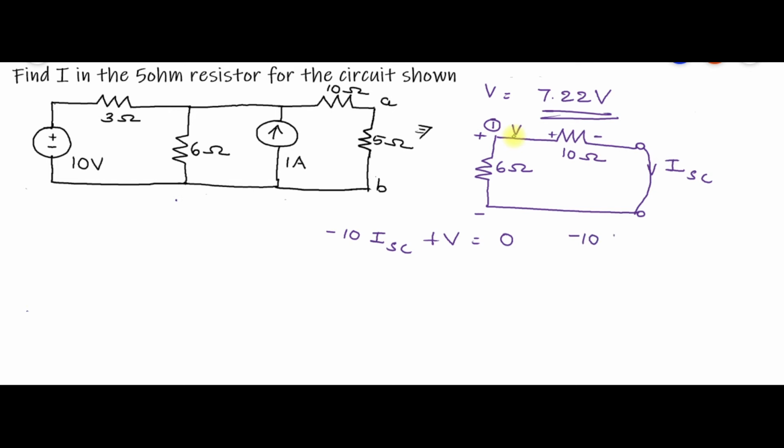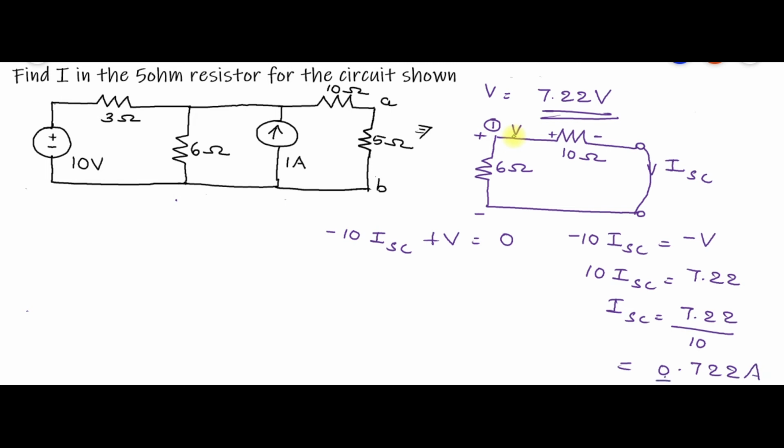So minus 10 ISC equal to minus V, that is 10 ISC is equal to V, and we got V as 7.22 volt. So ISC is equal to 7.22 divided by 10, which is equal to 0.722 ampere. So we got ISC. Now we have to calculate R internal.